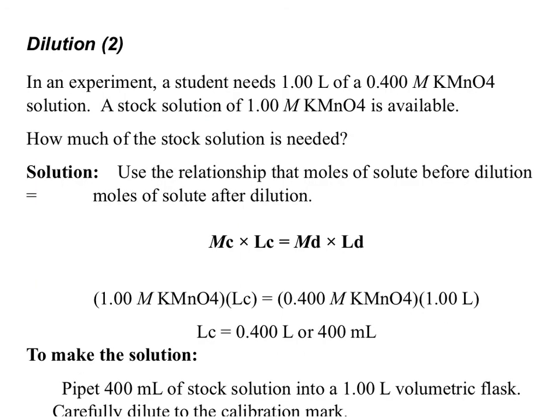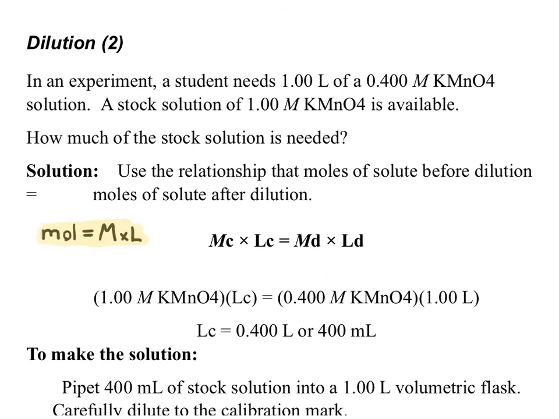So for example, in an experiment, a student needs 1 liter of a 0.4 molar potassium permanganate solution. A stock solution of 1 molar potassium permanganate solution is available. How much of the stock solution is needed? Well, we must use the relationship that moles of solute before dilution equals moles of solute after dilution.